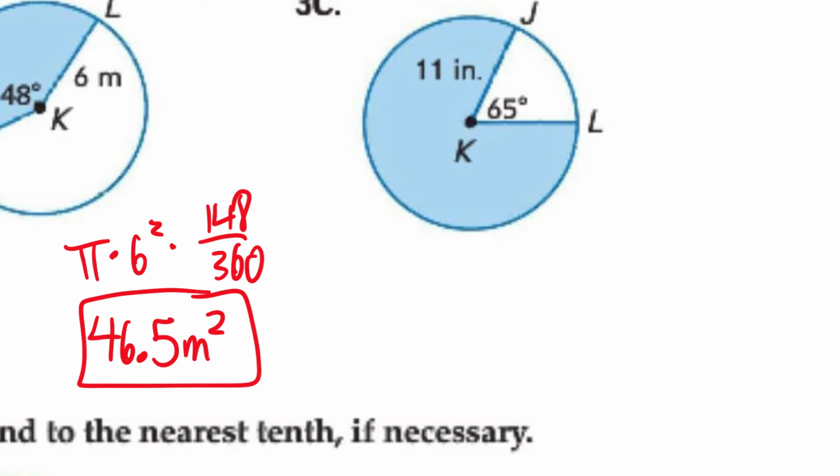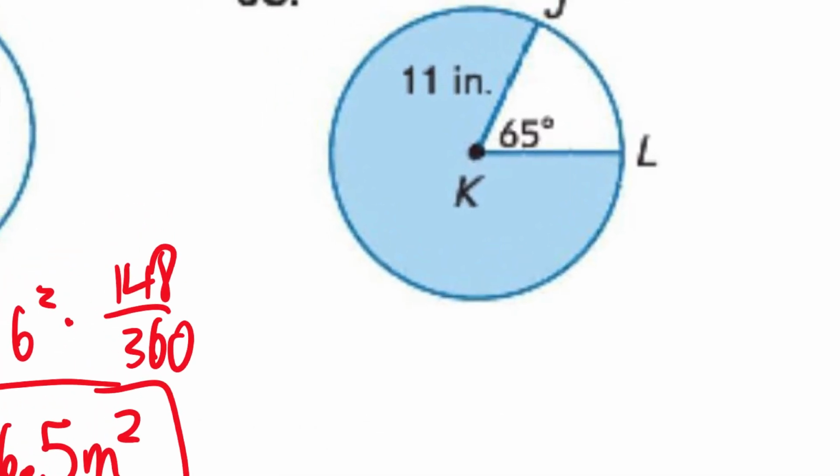On this one, we've got to think about this. I want the area of the shaded part, but the number that I know is not for the shaded part. It's for the unshaded. So how would I find the area of the shaded part? Good. We've talked about this so much. There's 360 total degrees in a circle. So if I take 360 and subtract off 65, what's that going to leave for the shaded part? It's going to be 295 degrees.